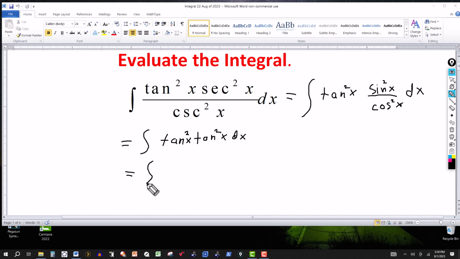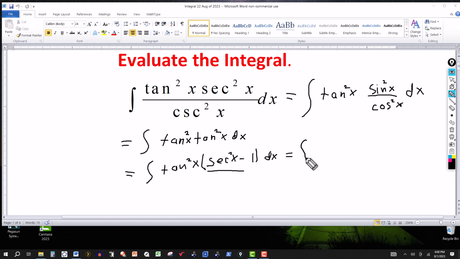So I can rewrite this then as tangent squared of x, and I have an identity where tangent squared of x is equal to secant squared of x minus 1. In other words, the identity is 1 plus tangent squared of x is equal to secant squared of x. So solving for tangent squared, I get this right here.